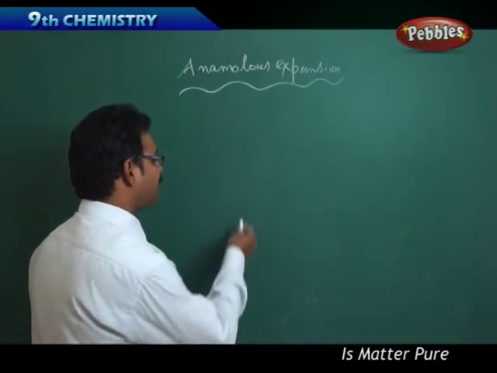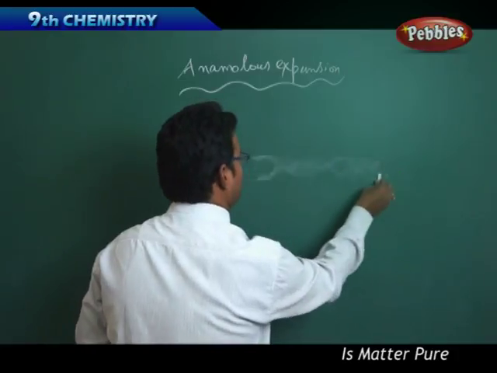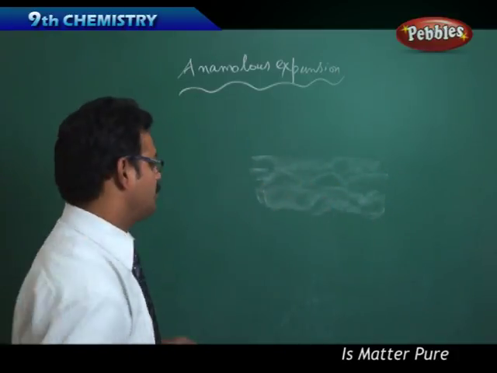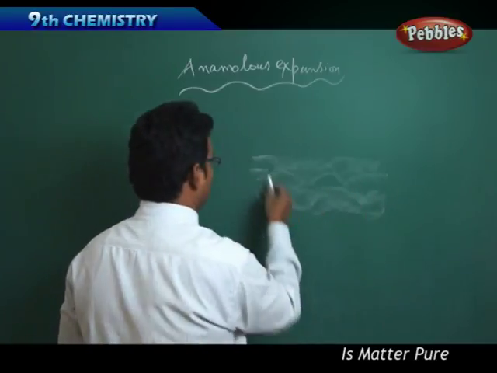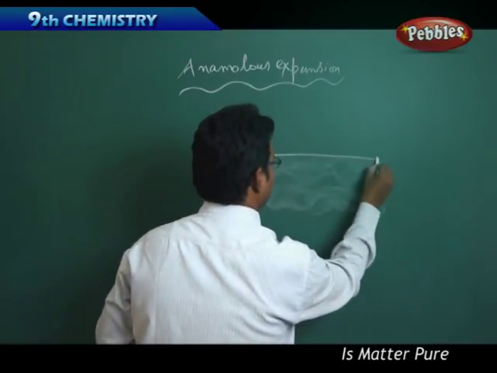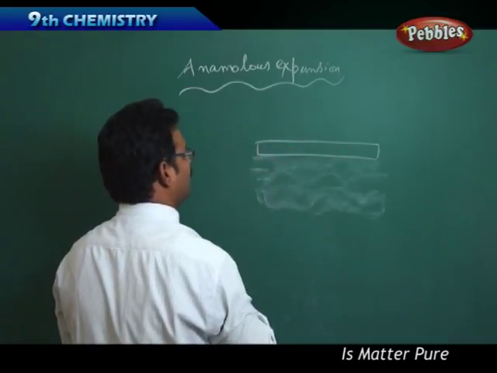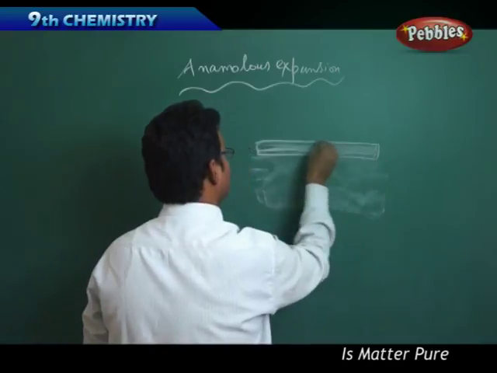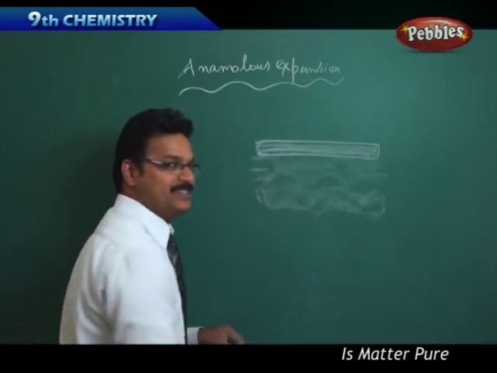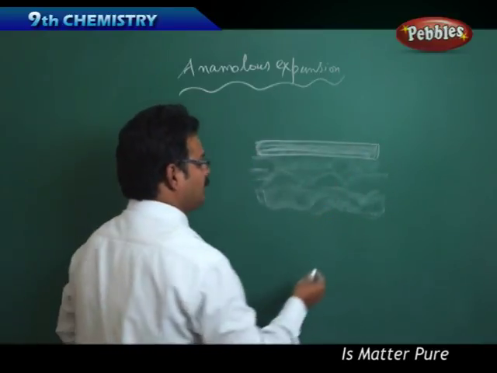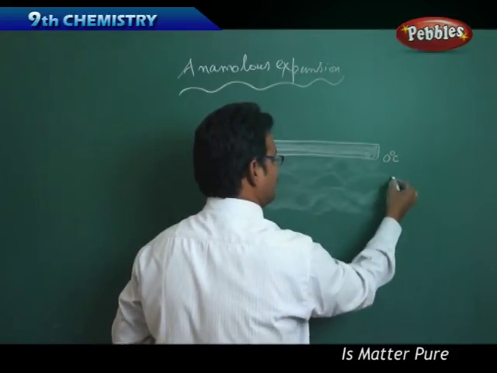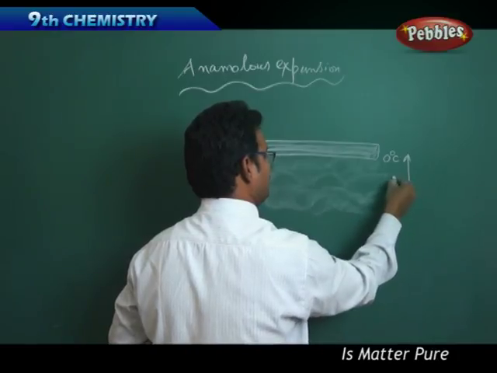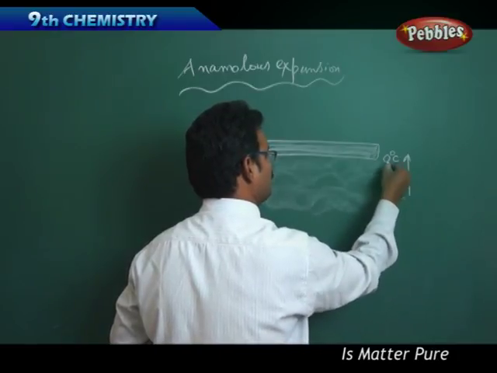Let me show you. In the Arctic and Antarctic regions, the ponds and lakes are filled with water, but on the surface of the water you have ice sheets floating on it. Why does the surface of the water come into the solid state, ice? Ice is at 0 degrees Celsius, and say the water is at 4 degrees Celsius, then 3 degrees Celsius, 2 degrees Celsius, 1 degree Celsius.